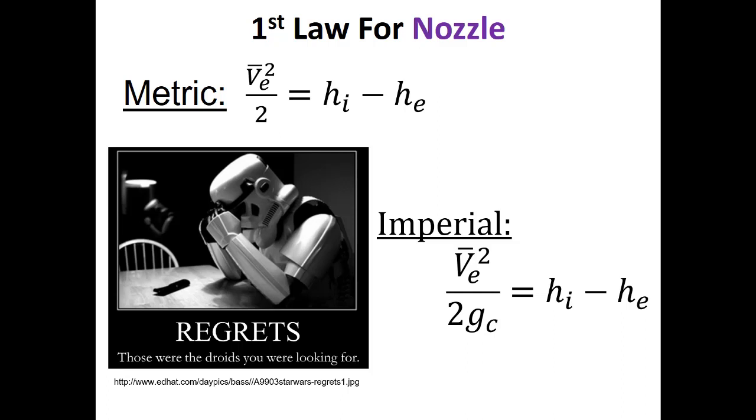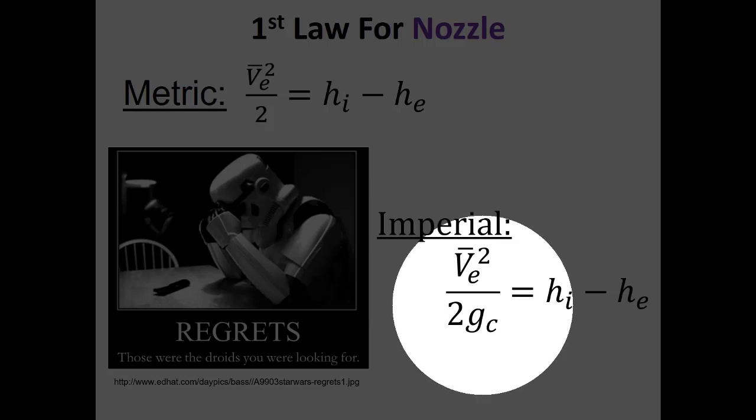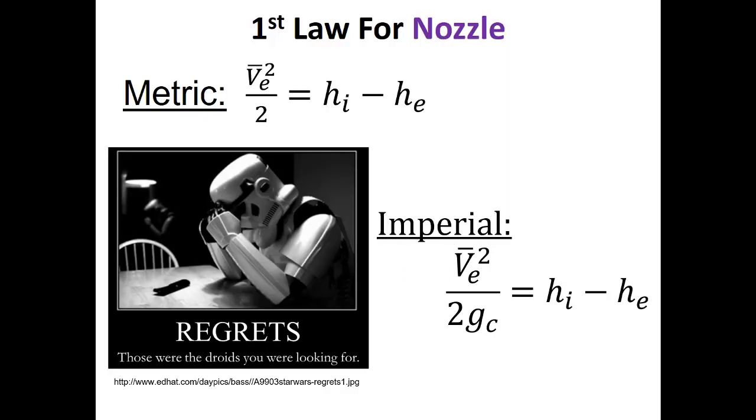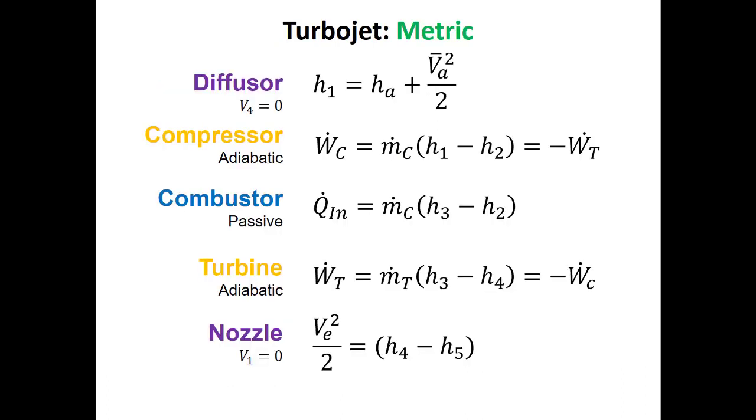If my metric velocity is in meters per second, I'll divide by 2,000 and not 2. And if my imperial velocity is in feet per second, then here I'm going to have to divide by 778 to go from foot-pounds per pound mass to BTU per pound mass. But if I can do all that, then I will have fixed all of the states for my turbojet engine.